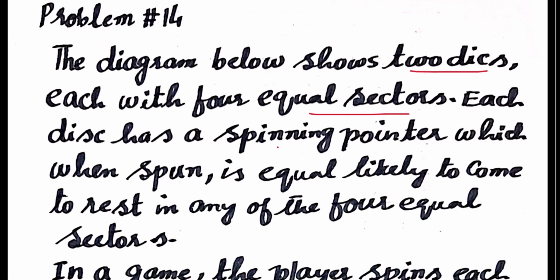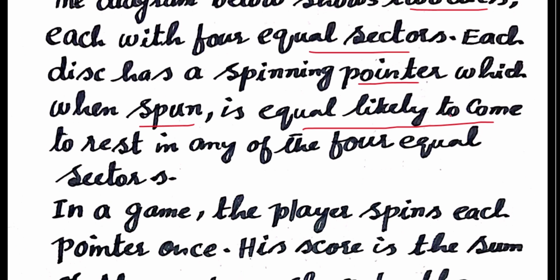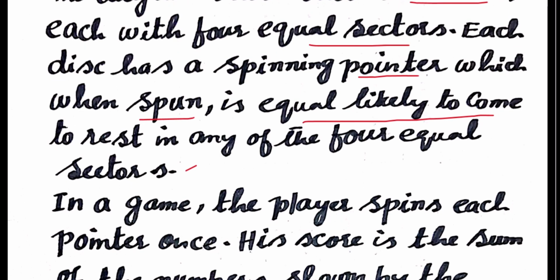Each disc has a spinning pointer, which when spun is equally likely to come to rest in any of the 4 equal sectors. It means the pointer can stop at any sector, with an equal chance of stopping.